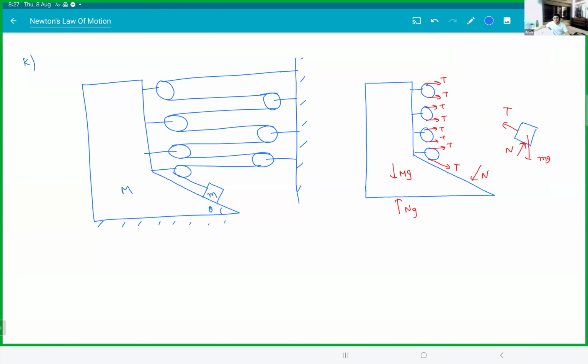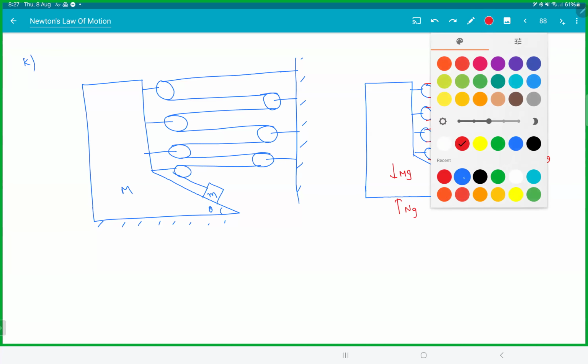So from capital M, like 6 T's will be 6 tensions? So 6 or 7. 7, na? Just we take that angled thing also. Meaning if there is a string, see wherever the string touches there's a tension there.